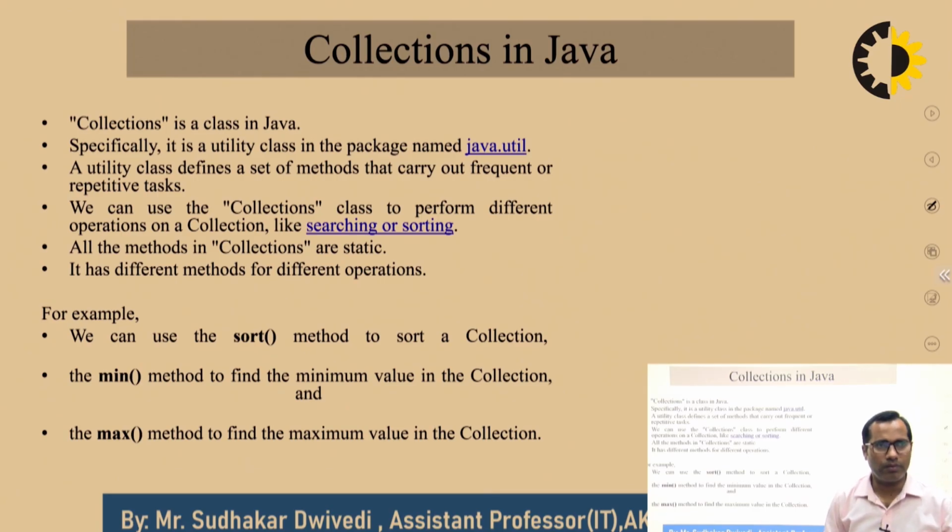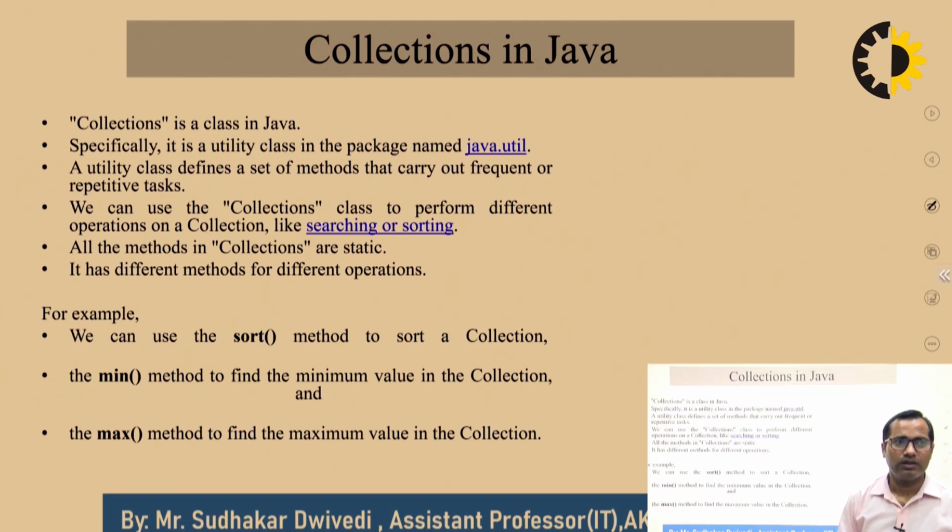So the collection framework has a lot of interfaces, and among these interfaces, the Collection interface is the root interface. If we are talking about Collection, the singular word, it is the topmost interface in the collection framework, and Collections is a class in Java.